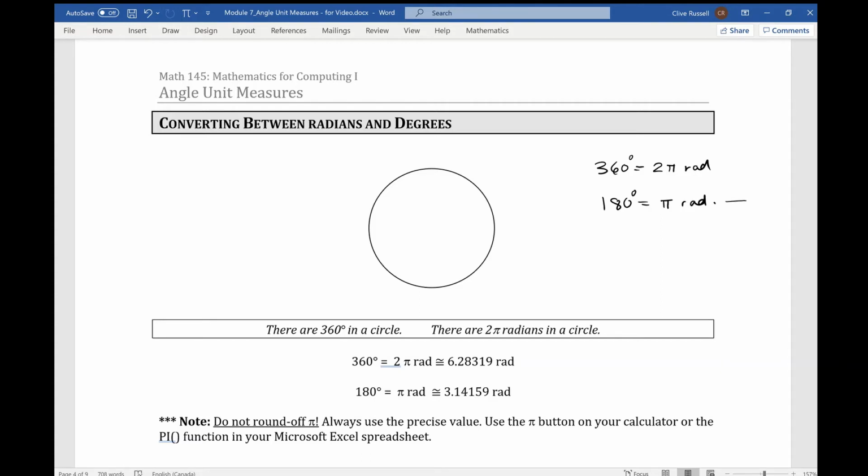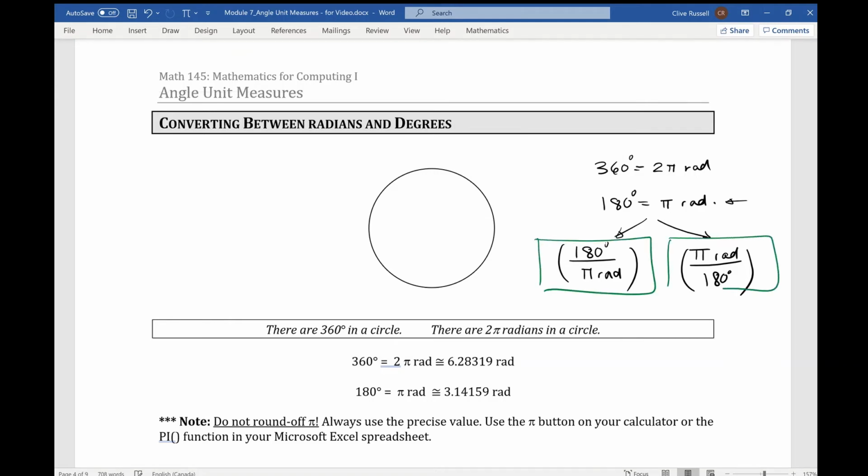So from this conversion, we could form two unit factors. The first one is 180 degrees over pi radians, and the other is pi radians over 180 degrees. So these are the factors that we will be using to convert from degrees to radians and radians to degrees.